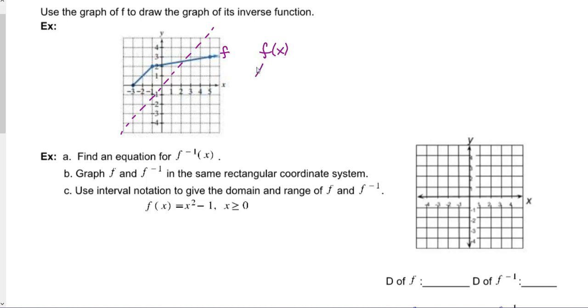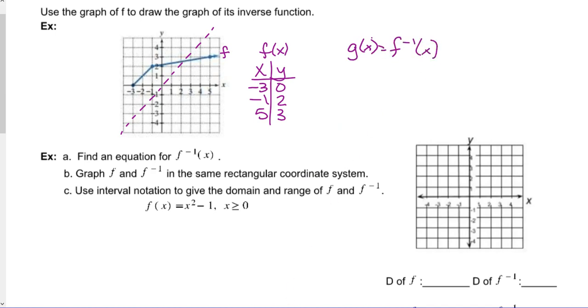So for f of x, here are our points. This is the easiest way to do this. I'm going to write this point: negative 3, 0. This point is negative 1, 2. And this guy over here is the point 5, 3. Now, we call it g of x, which is f inverse.